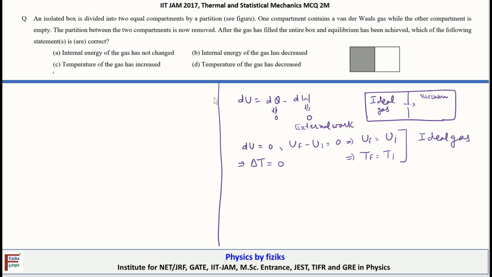Now let's try to understand how this problem differs when instead of an ideal gas, we are talking about a real gas. This point can be understood both from a mathematics point of view as well as qualitatively.